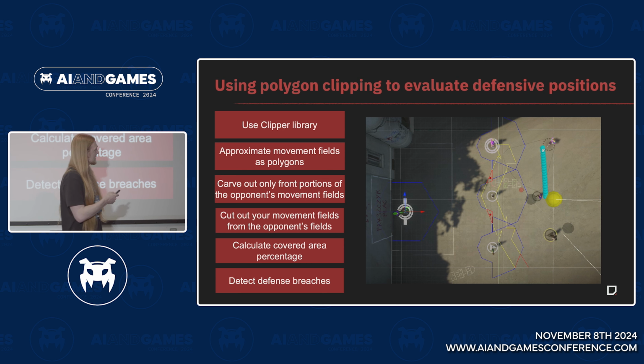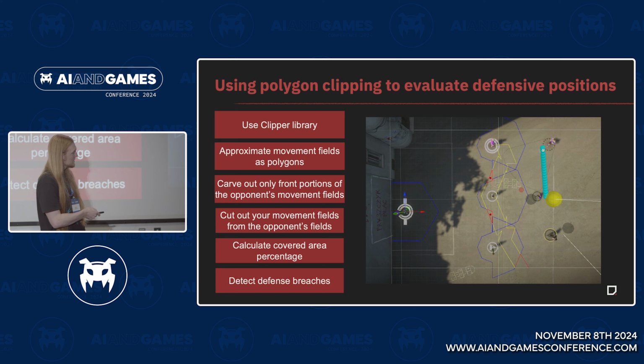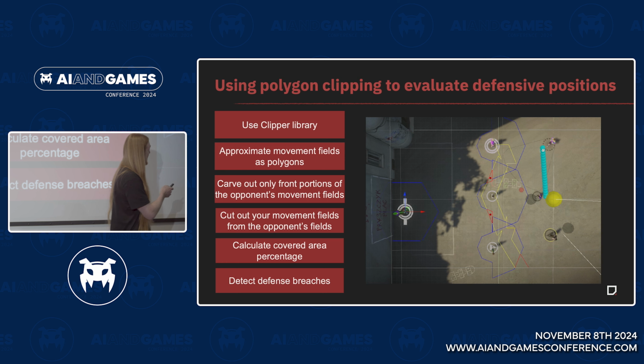We could simplify the whole movement field that was continuous with a jagged polygon. And from the enemy team, from the attacking team, we could take only the front of those movement fields, created by just summing up the front parts of the movement fields, and then do the intersection with our own.